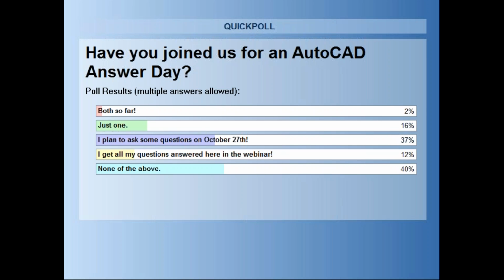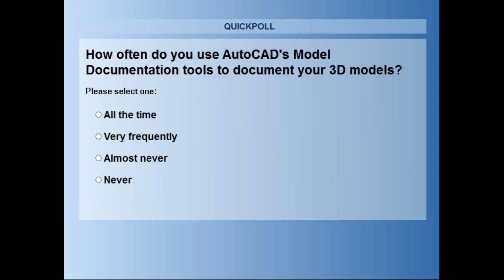All right, last poll, I promise, and then I will turn this show over to Alex. We would like to know, how often do you use AutoCAD's model documentation tools? Do you use them all the time? Have you tinkered with them a little bit? Have you never touched them before? Have you maybe opened them once and decided they were too much or not what you were looking for and closed it immediately and never looked back?